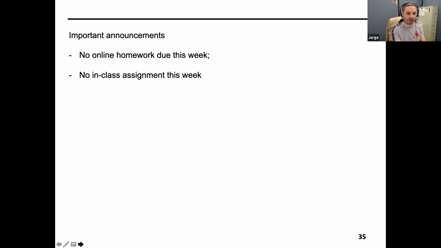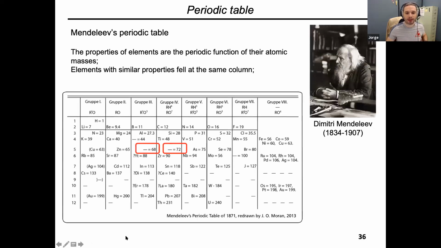So energy is directly correlated with frequency according to Planck. For today, let's go back and talk a little bit more about the periodic table in the first part of the lecture. And then in the second part of the lecture, I will talk about some periodic trends for the elements.